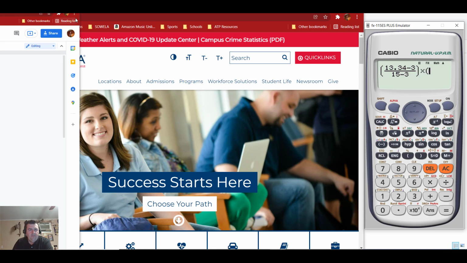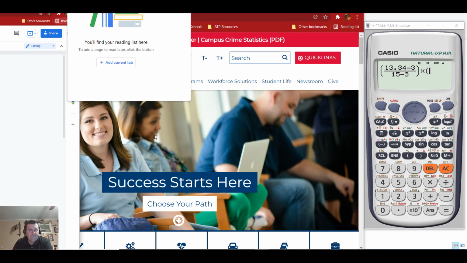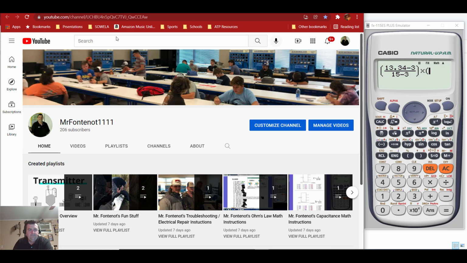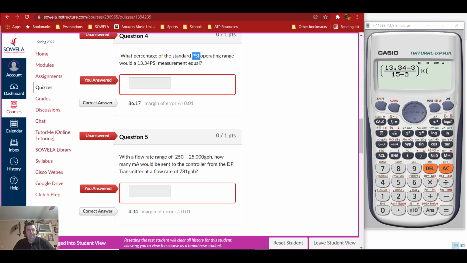And now we are looking for a percentage. So we're going to do 100 minus 0 plus 0. And that would be 86.167. So you'd round it up to 86.17%.